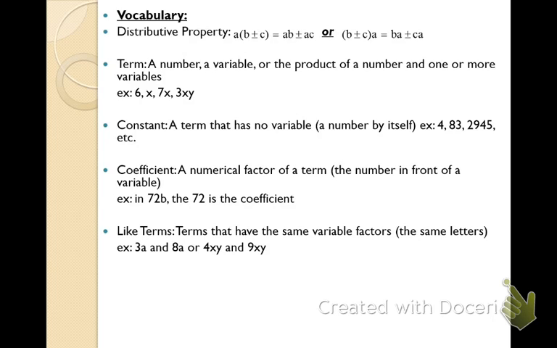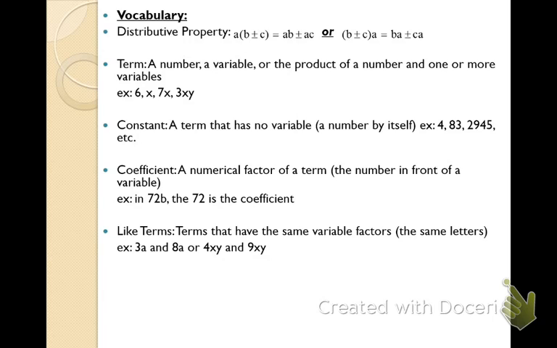Like terms. Again, not the first time. Anybody not heard of like terms before? Not know what like terms are? Not going to tell me, right? Like terms are terms that look alike. They have the same variable factors or the same letters. 3a and 8a are like terms. 4xy and 9xy are like terms.